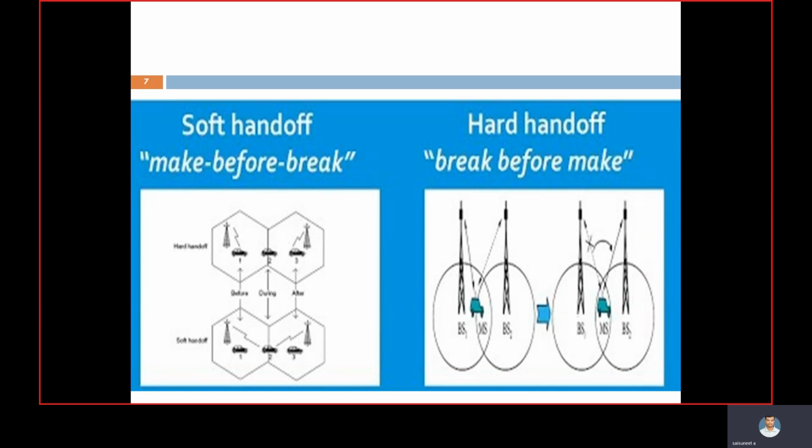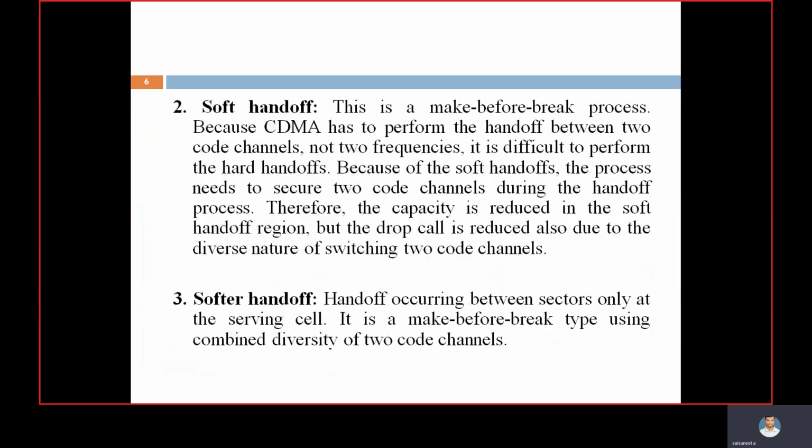Softer handoff is used when the mobile unit moves from one sector to another sector, not from one cell to another cell. We already discussed sectorization in previous classes, 60-degree sectoring and 120-degree sectoring.